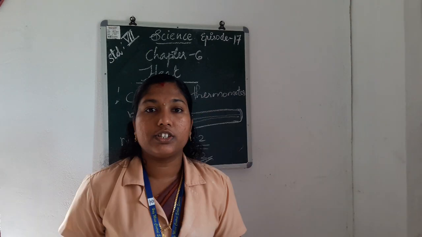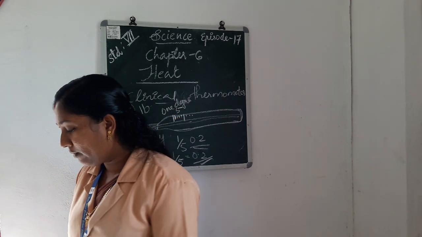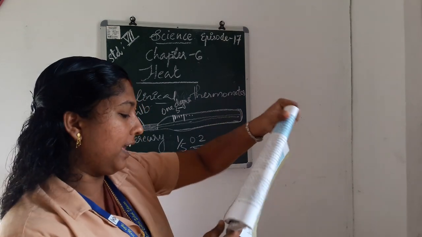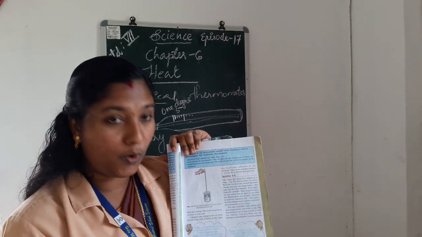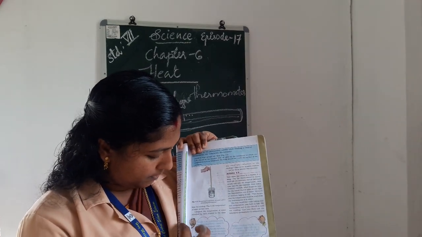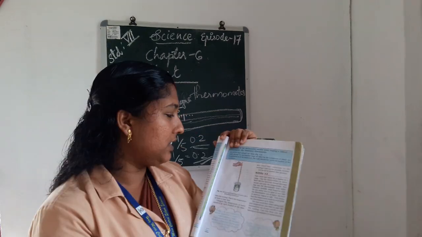The figure of a laboratory thermometer is given in your textbook, page number 38. Here the reading is given from minus 10 degrees Celsius to 110 degrees Celsius.